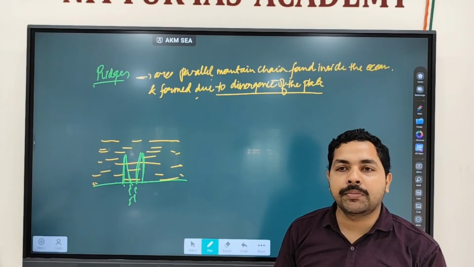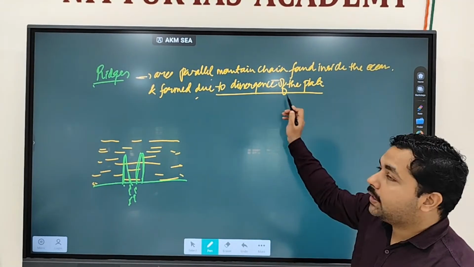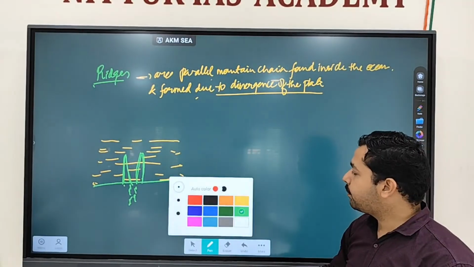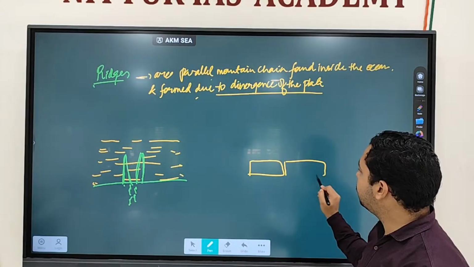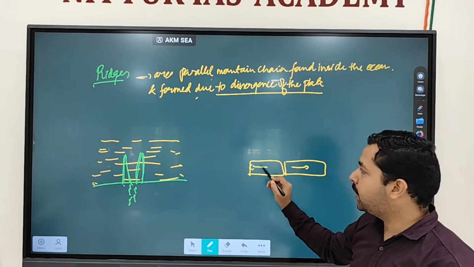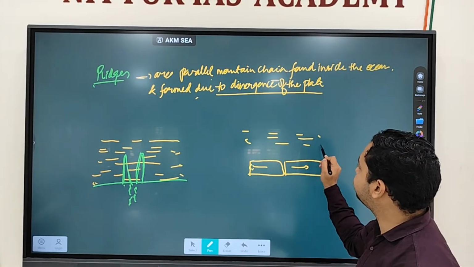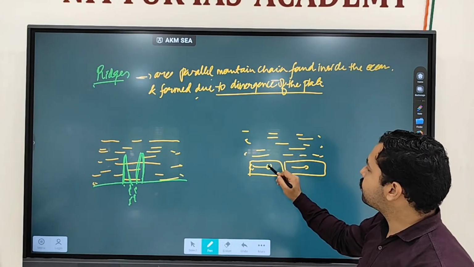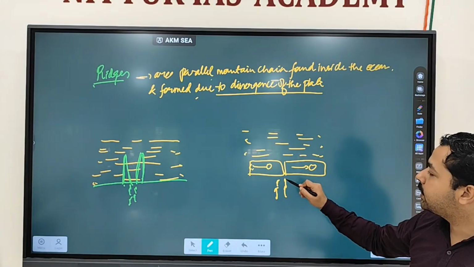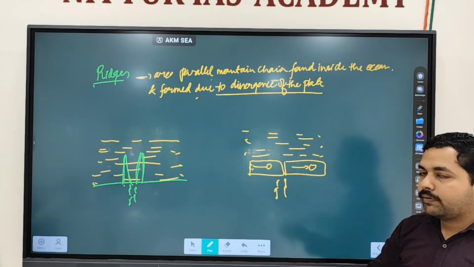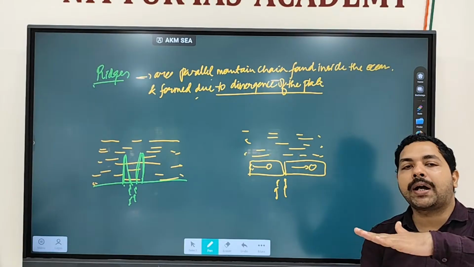When will ridges be formed? When there will be divergence of the plates. Divergence of the plates means what? Let's say this is one oceanic plate, this is another oceanic plate, and this is where water is. When these plates were there, they were not allowing magma to come out.